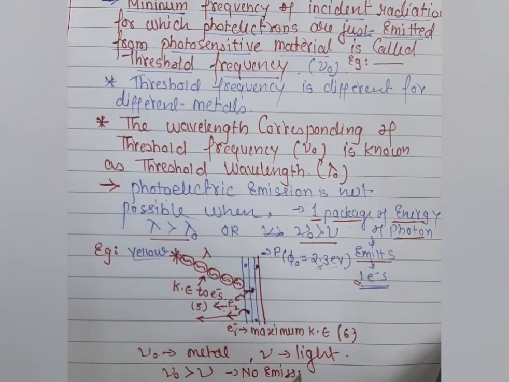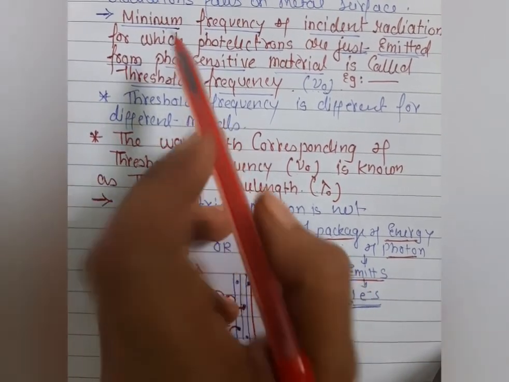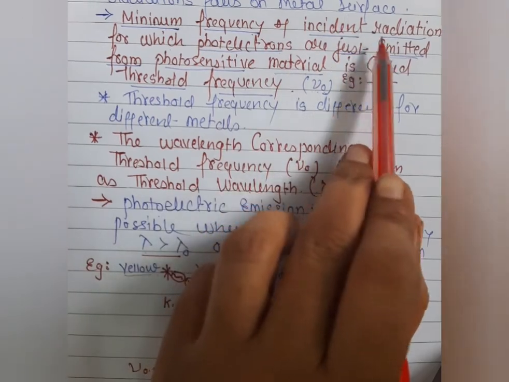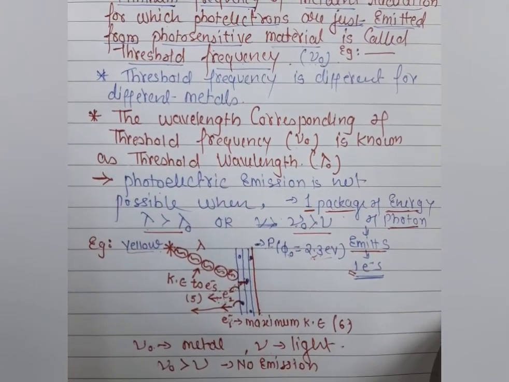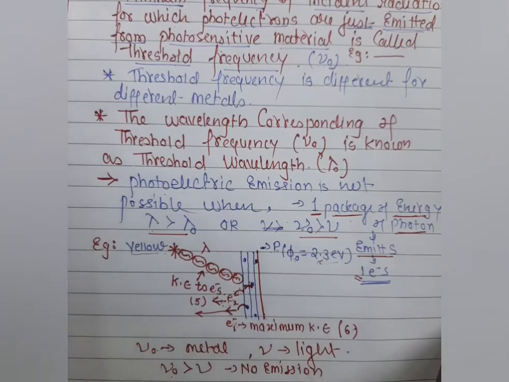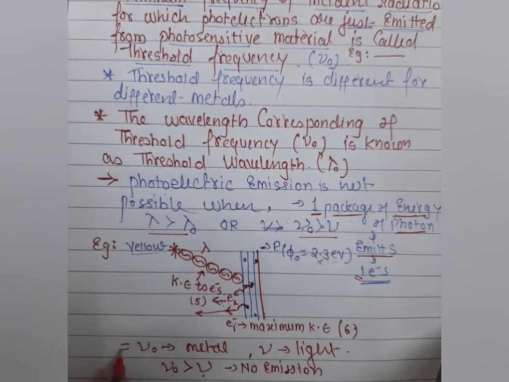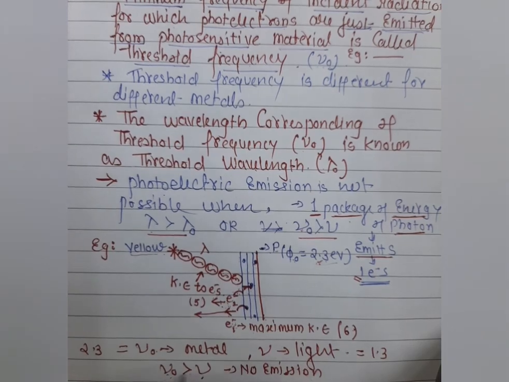As you know very well, in this concept we have already made clear that a minimum frequency is required to eject the electrons, and here we don't have the minimum frequency because the metal frequency is greater than the light frequency. Clear? Suppose the metal frequency is 2.3 and the light frequency is less than this, so photoelectric emission is not possible.